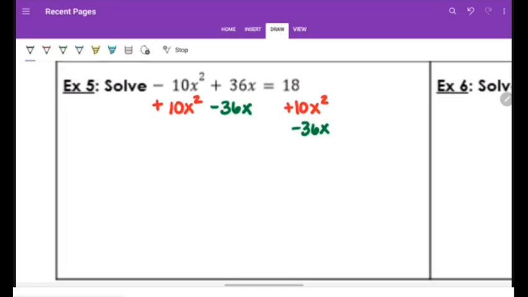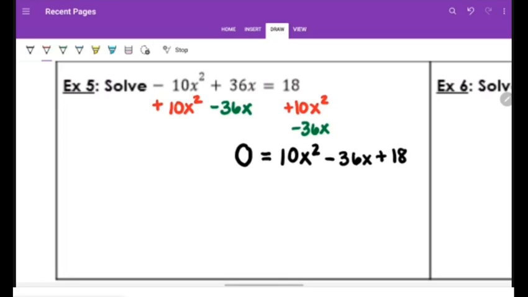So once I rewrite this, everything on the left should cancel because I undid all my terms on the left. And my right-hand side, make sure to write these in the correct order. So we're going to put our positive 10x squared in the front, followed by our negative 36x, followed by our positive 18.